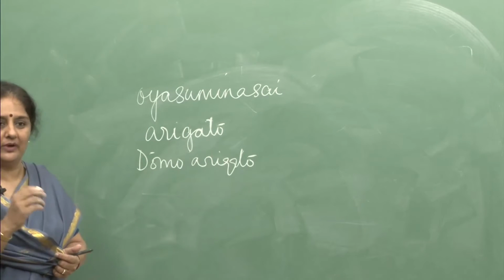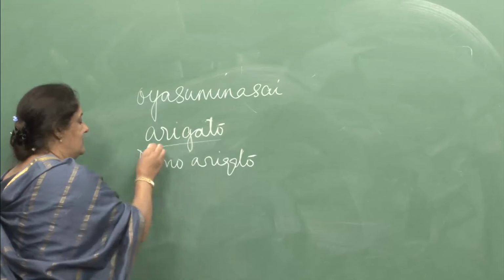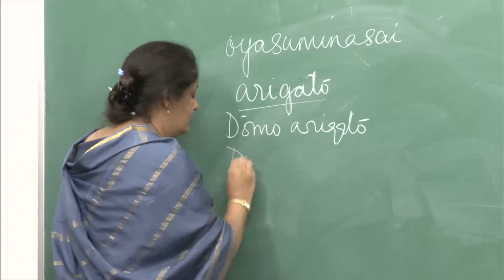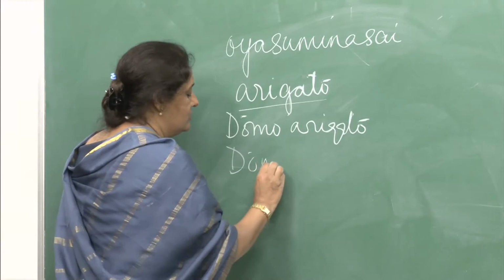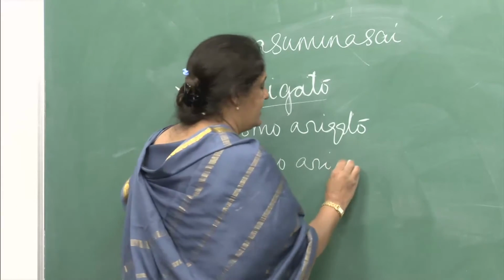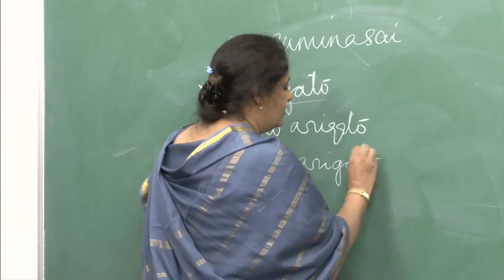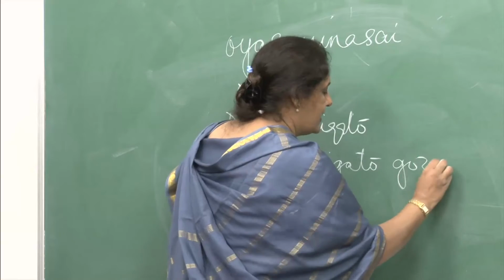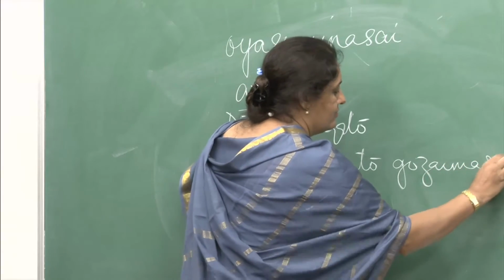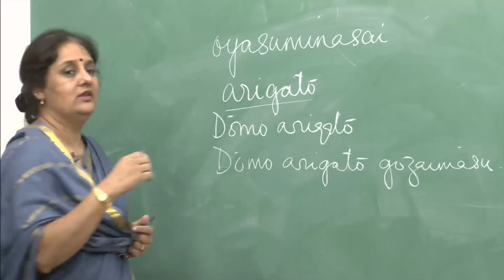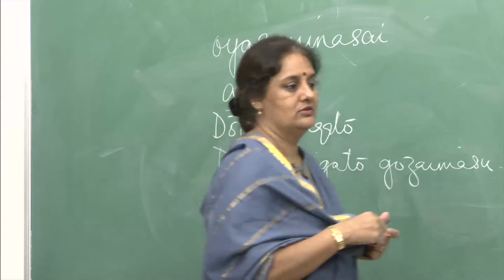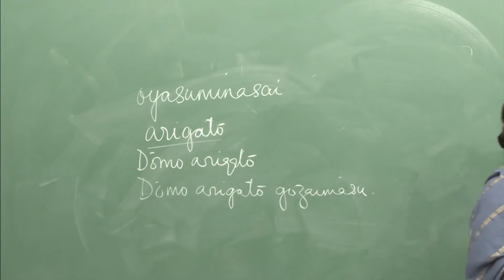Now, this is a little polite, this is informal, and then the most polite of them all is domo arigato gozaimasu. So, well, when you are with your friends, you could just say domo also, you could say arigato.